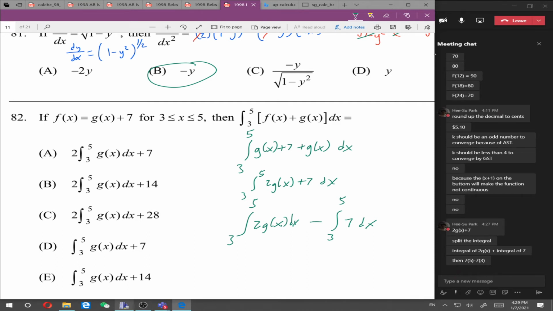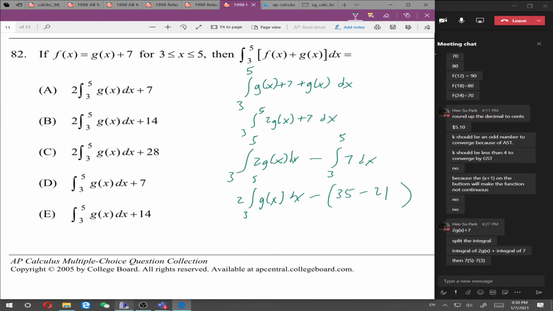Okay, then 7.5 minus 7.3. This will be 2 times the integral from 3 to 5 of g of x minus 35 minus 21. So that's 2 times the integral from 3 to 5 of g of x dx.